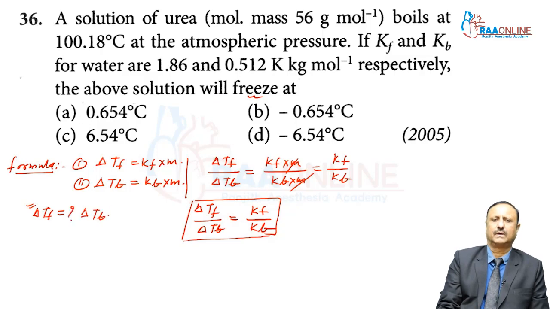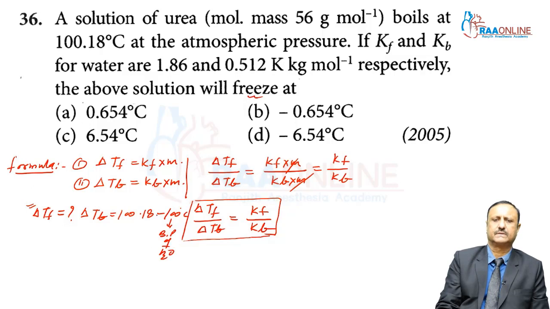Now here he gives us delta Tb. A solution of urea boils at 100.18 degrees Celsius. The boiling point of the solvent is 100 degrees Celsius, and the solution boils at 100.18. 100 degrees Celsius is the boiling point of water.